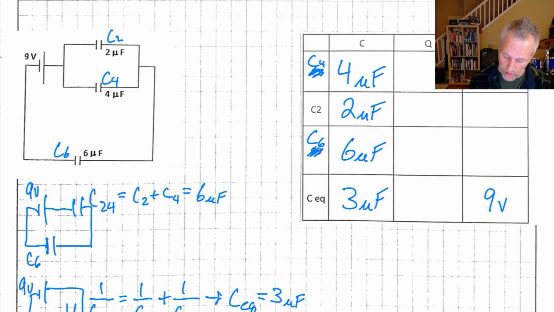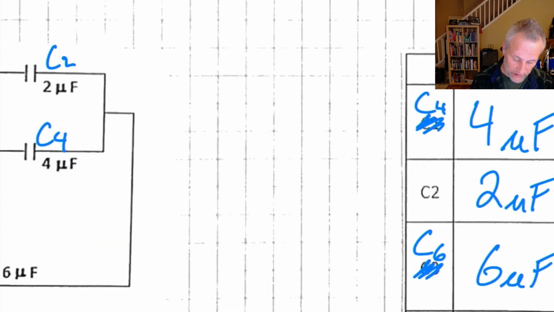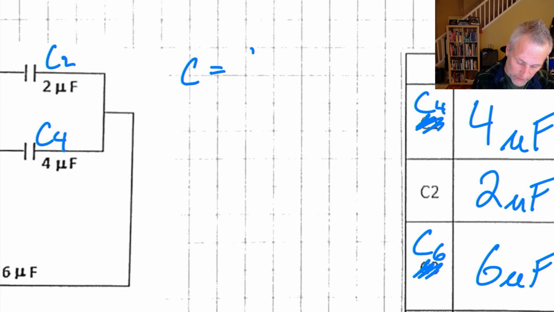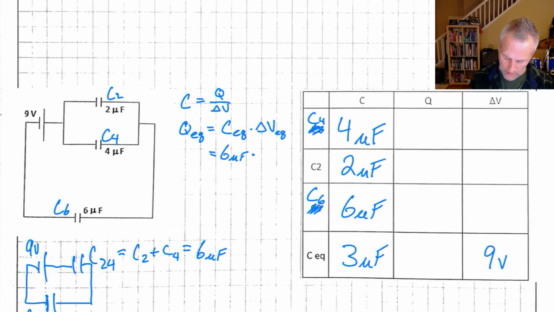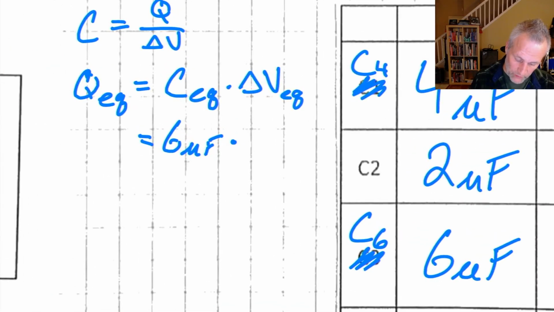But now that I know 2 of these, I can find the third one, and I would find the charge equivalent by doing this. C equals Q over delta V. I want to find Q, so Q equivalent is going to equal C equivalent times delta V equivalent. And that's going to be my 6 microfarads times, my equivalent was not 6, my equivalent was 3.